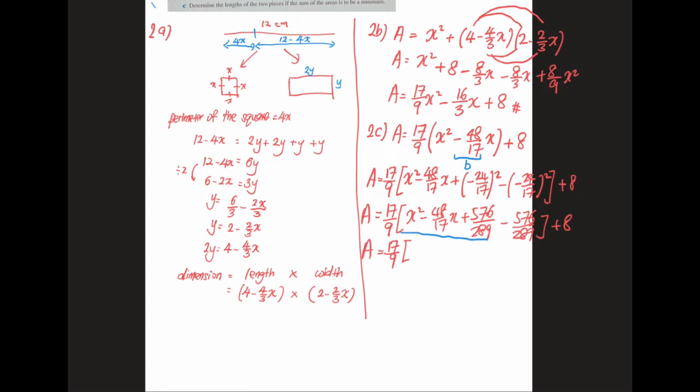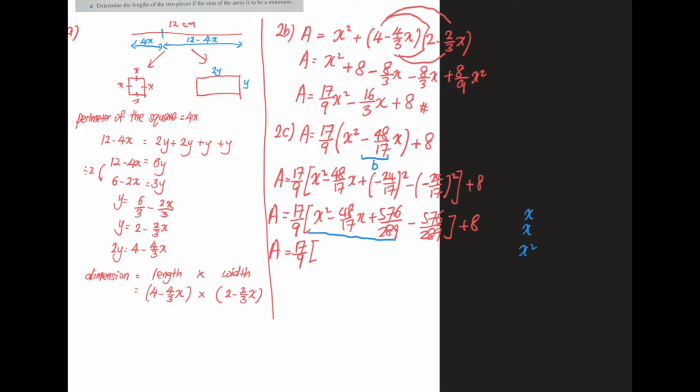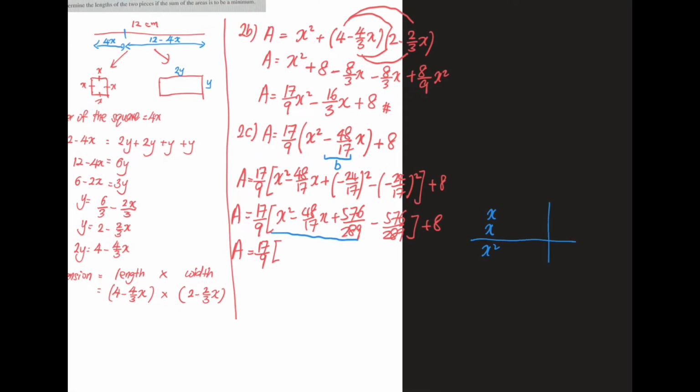Okay, so we need to factorize the first three terms. Of course you can just use a calculator to factorize or just do it manually. The manual way is going to be like this: x times x, you get x squared, and then you have to think of two numbers that multiply each other to get 576 over 289.